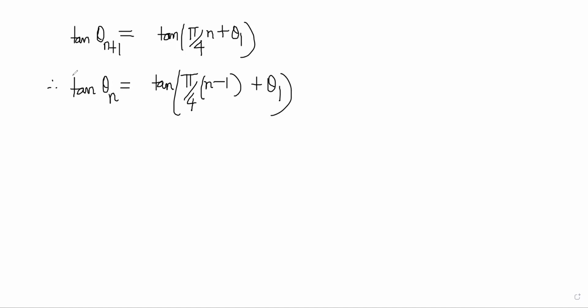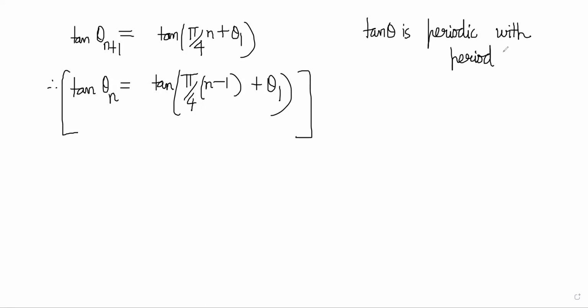Now, using this, we know tan theta is periodic with period pi, so we can use that to predict the periodicity of a_n, right? How? We can say that this is my a_n and this is some other term, right? So when will these two be equal? For what values of n?